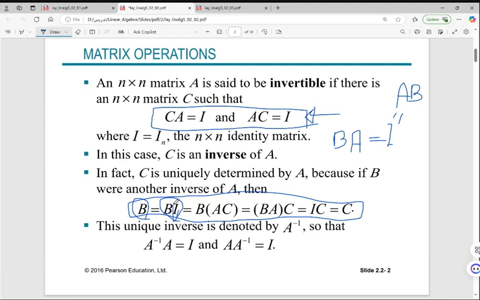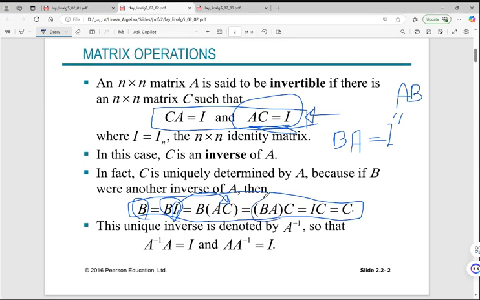Instead of I, you can write AC, because C is the inverse of A, so AC is I. So you write B as BI and then I as AC.